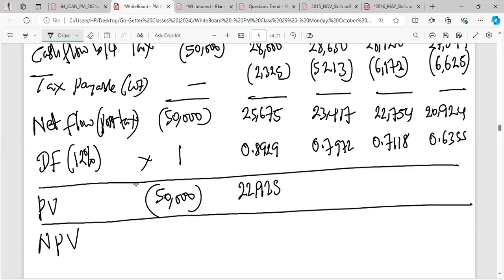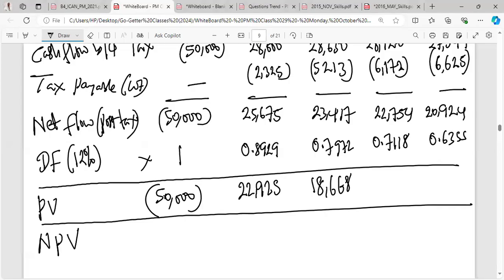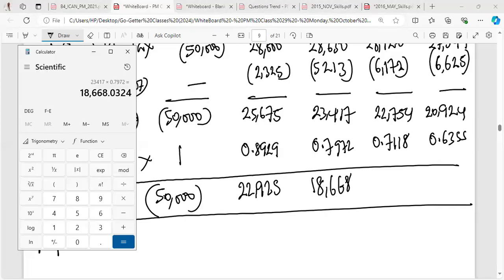Okay, 23,417 multiplied by 0.7972. That will give me 18,668. And the third one would be 22,754 multiplied by 0.7118.